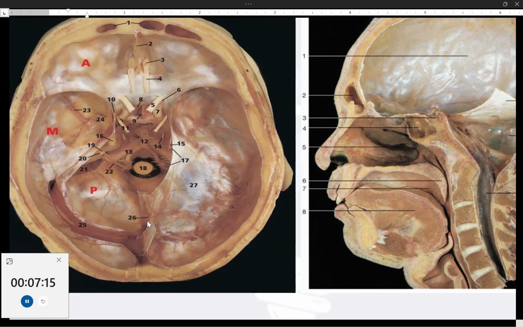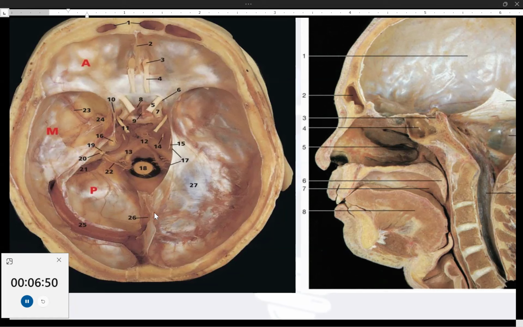Which structure? In between. Here is a junction present. You can see here a cut part of something, the white glistening part. Okay, let me help you.